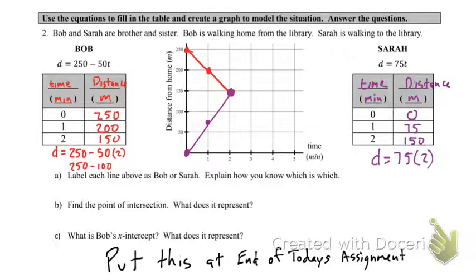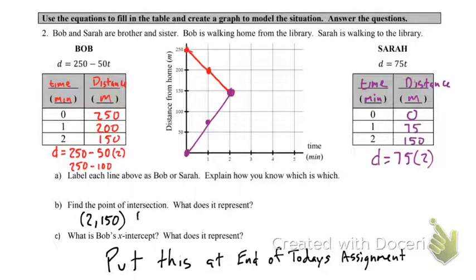Find the point of intersection. What does it represent? Here's our point of intersection where the two graphs touch. The point of intersection is 2, 150. What does it represent?